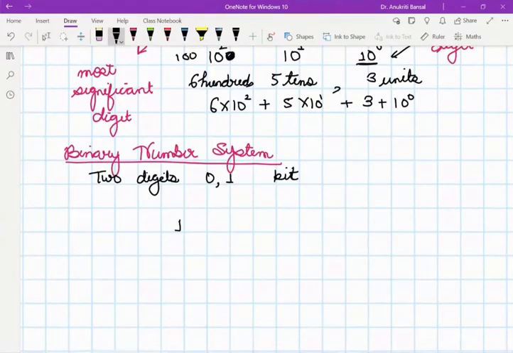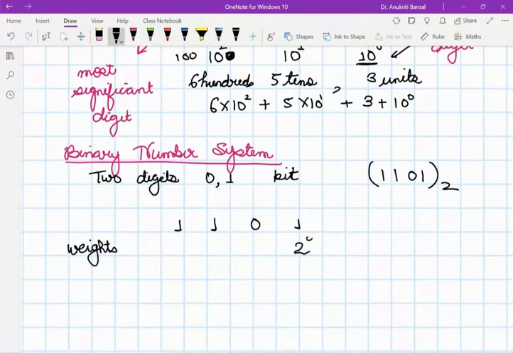Suppose we have this number in the binary number system. Here we have base 2, so weights will be 2 raised to power 0, 2 raised to power 1, 2 raised to power 2, 2 raised to power 3. Okay. So this has the least weight.